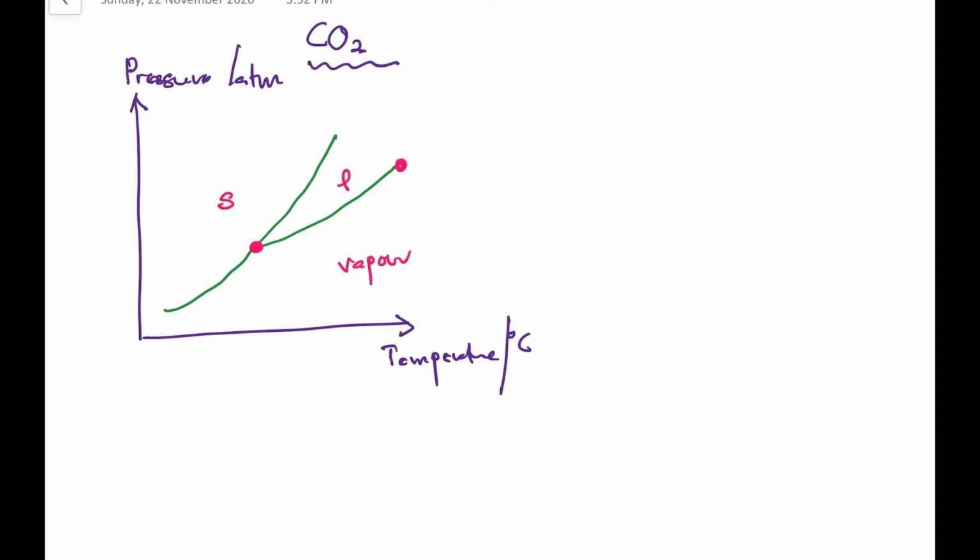If I label this as A, B, C, D, curve AB represents my sublimation curve, curve BC represents my melting curve, and curve BD represents my boiling curve. Alright, so B is the triple point and D is the critical point.